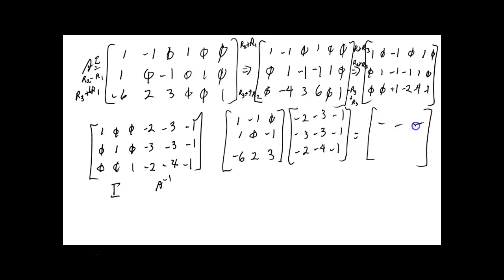So 1, 2, 3, 1, 2, 3, and 1, 2, 3. Okay? Let's start with 1, 1, and what do you get? It's the first row times first column.